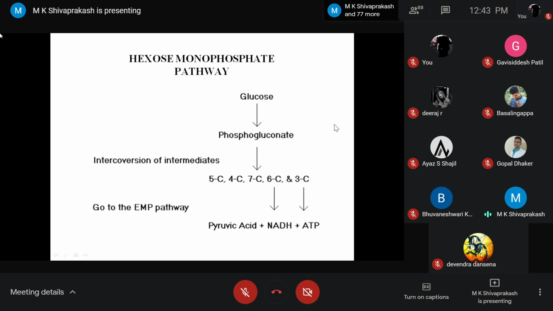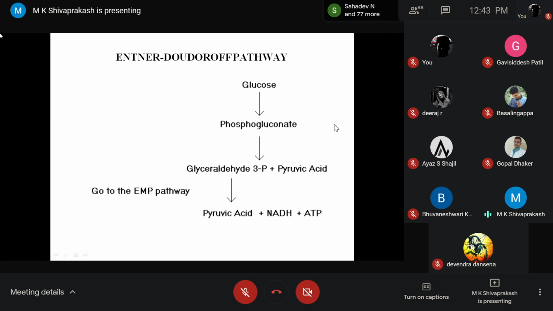In the hexose phosphate pathway, phosphogluconate is also produced, but here the phosphogluconate gets converted to glyceraldehyde 3-phosphate and a molecule of pyruvic acid.